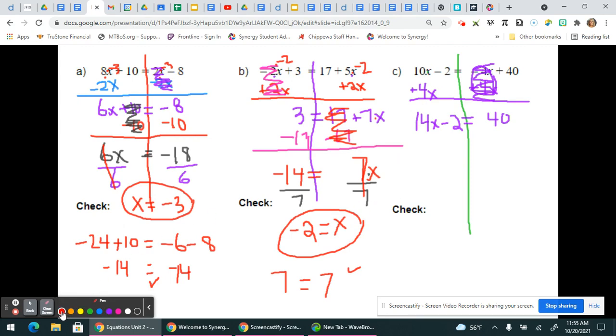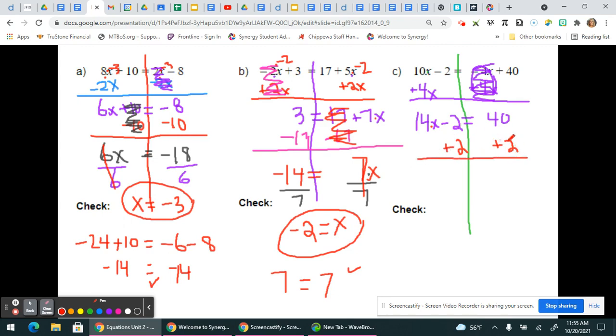We are going to get our x alone. So we're going to undo PEMDAS again, starting with this times 14x minus 2. I see that this minus 2 is my first to go. So I'm going to add 2 on the left and the right. And now I'm going to balance this off.